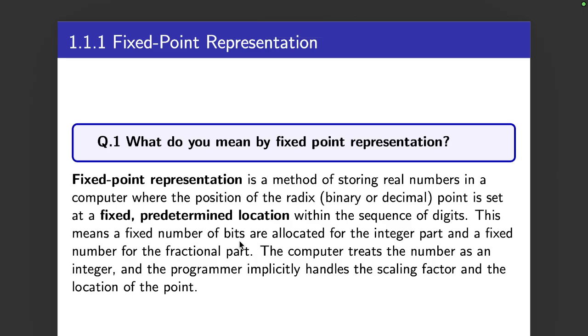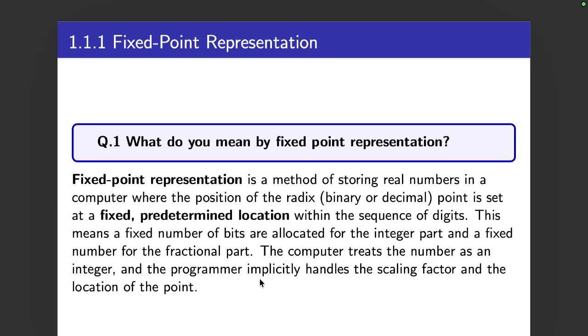What do you mean by fixed point representation? Fixed point representation is a method of storing real numbers in a computer where the position of the radix point, that means the binary or decimal point, is set at a fixed or predetermined location within the sequence of digits.